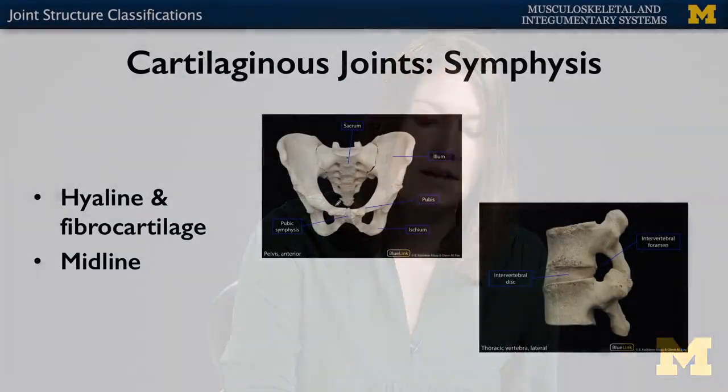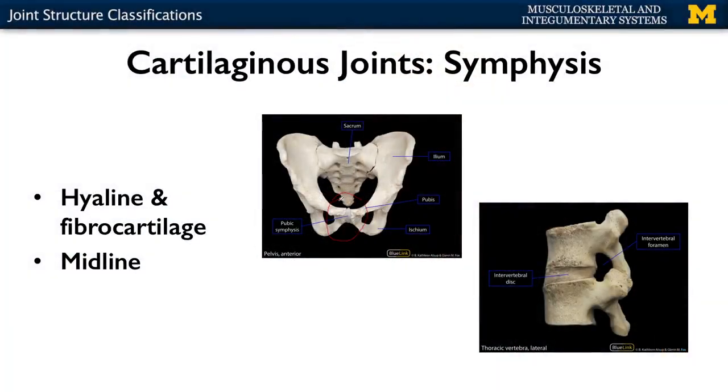So the two main examples of a symphysis, you have your pubic symphysis, which is going to be the anterior portion of your pelvic girdle. This can have a slight bit of movement, particularly in individuals that are pregnant, especially as they get closer to delivering the baby. You'll have a bit more movement in these joints.